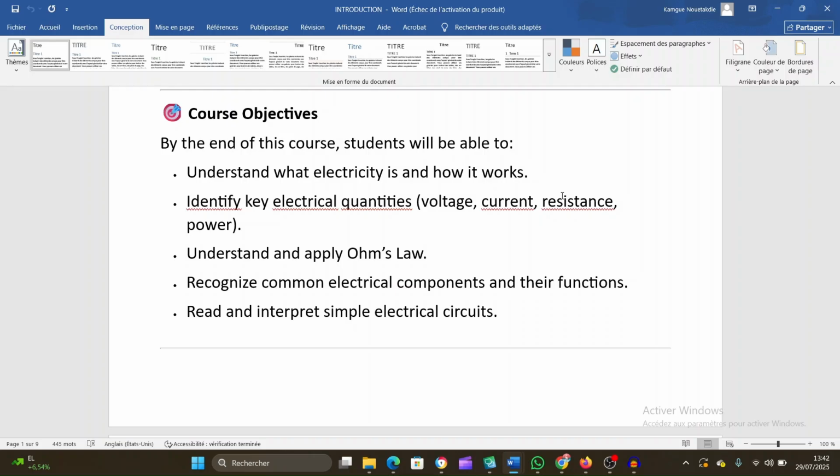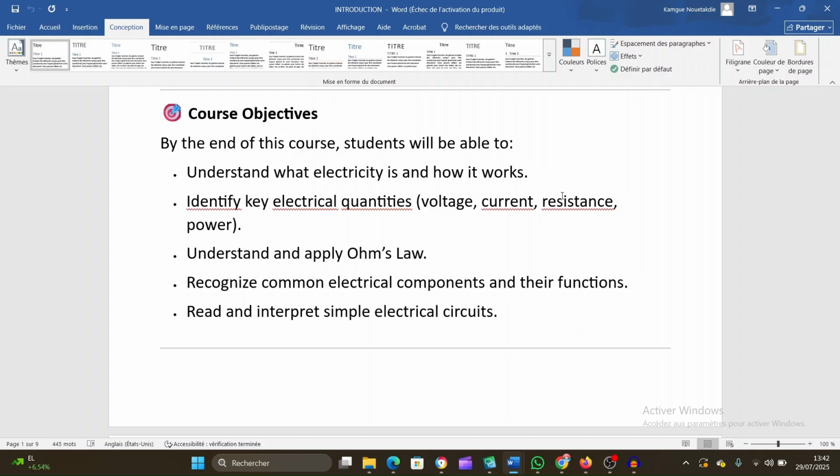Now, to start, let's try to define what electricity is. If somebody sees you with a screwdriver, with a plier, with a tester, or with a multimeter, and the person approaches you and asks, what is electricity? What will you say?